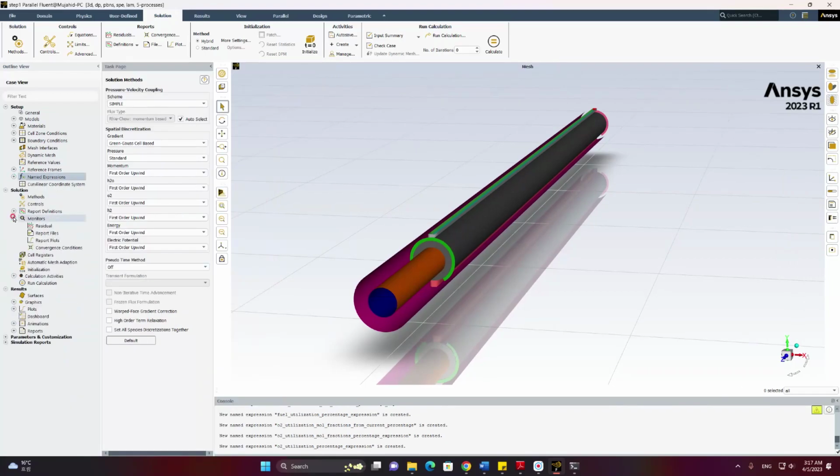So go on to monitors, and now we can actually get report plots. You can add new.